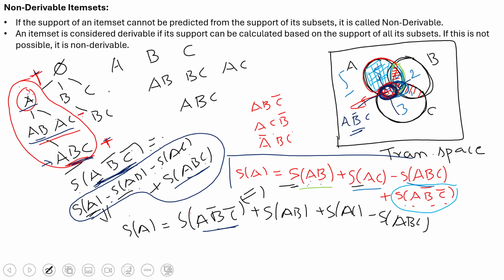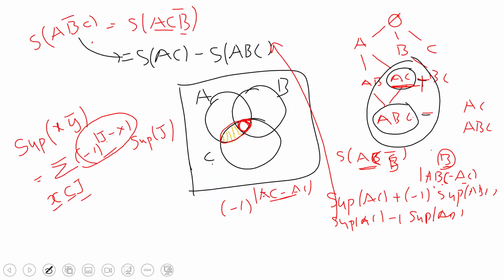You go to the entire transaction space and see in which transactions ABC happened together, and that count would be the support of ABC. So up to this point, we have discussed how to convert the negative terms in your support calculations. A negative item doesn't make sense, so we want to convert them to positive terms, right? So we have done that, right?